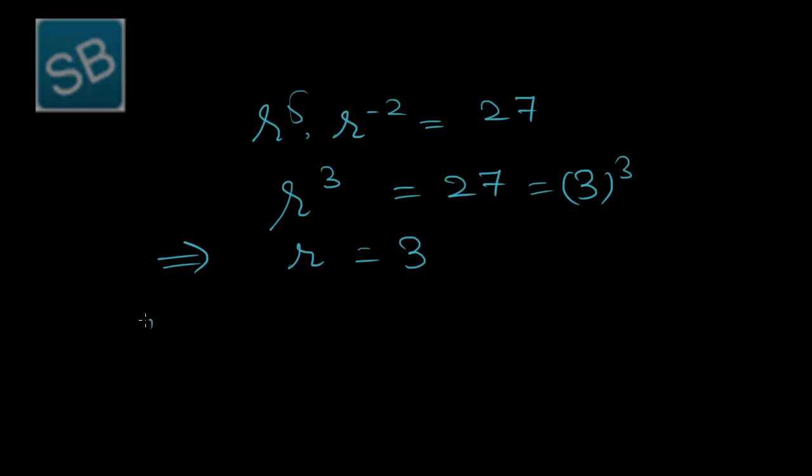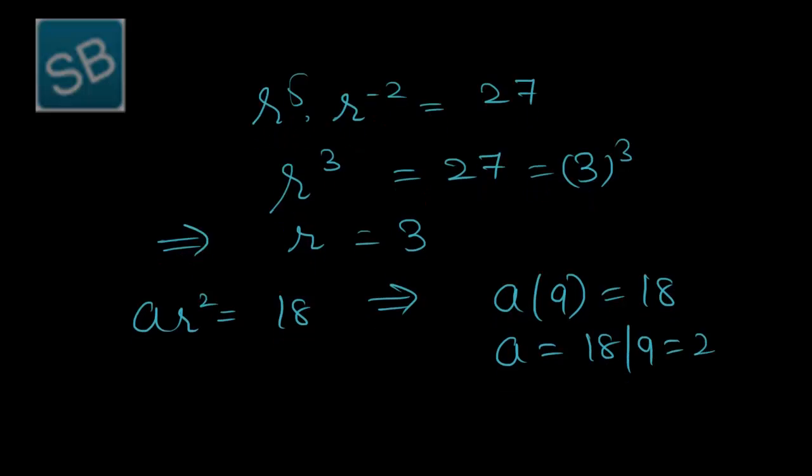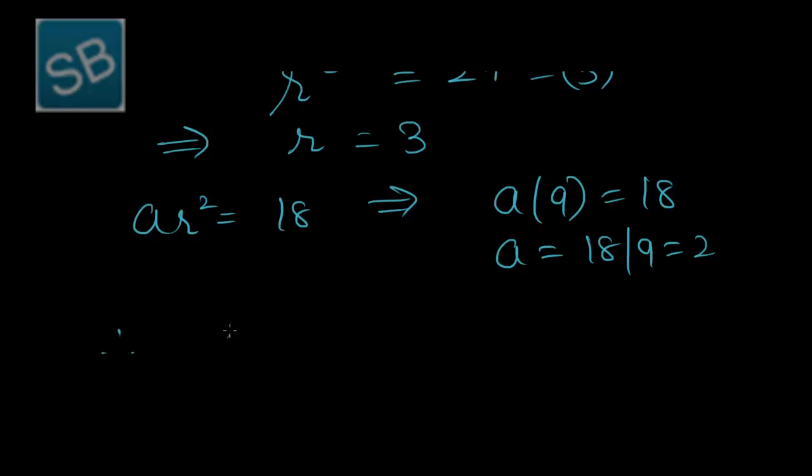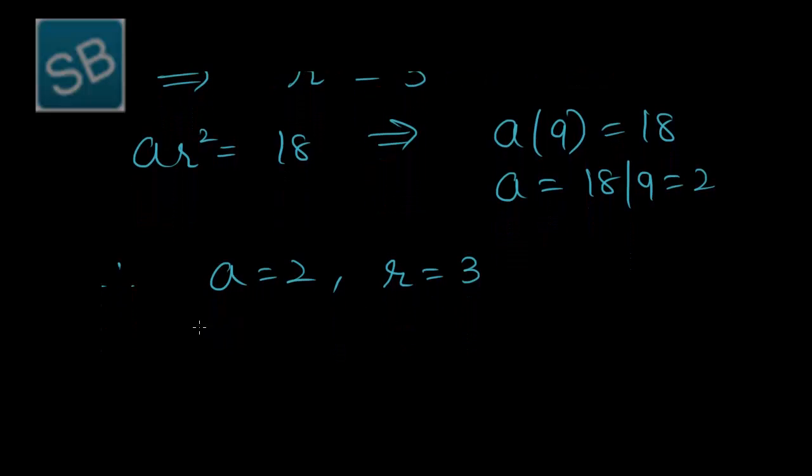Now, as we have AR squared equal to 18, that gives A into 9 equal to 18, from where we get A equal to 18 by 9, which is 2. Therefore, A is equal to 2 and R is equal to 3. Now we can find any term of the GP series. Now we have to find T9.